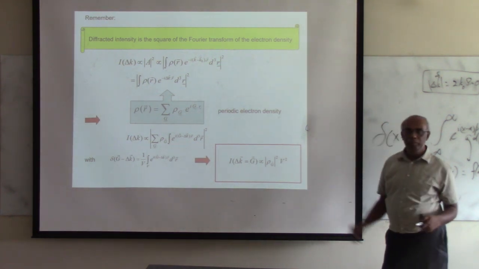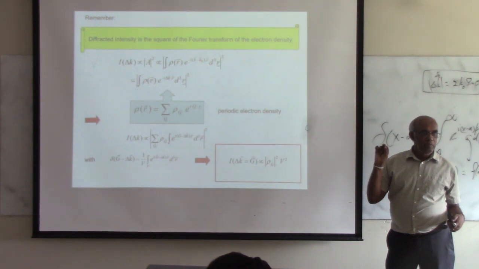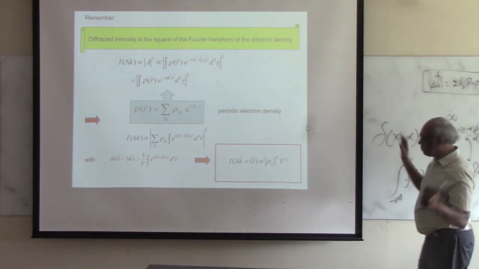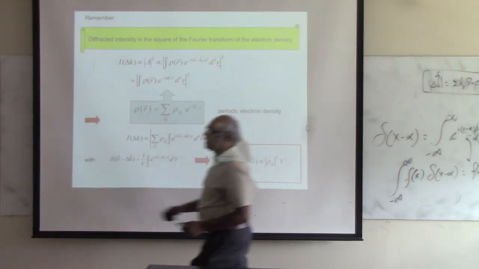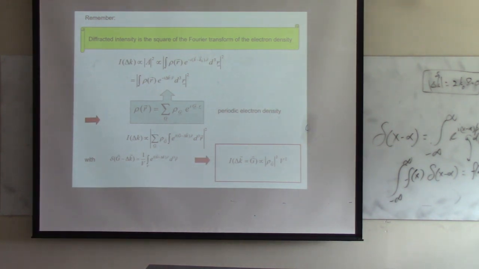Rho G is what? The Fourier transform of your electron density. That's it. So anyway, just forget everything if you don't follow this one. I just want you to understand this one. Your scattered light intensity is given by the square of the Fourier transform of your electron density.